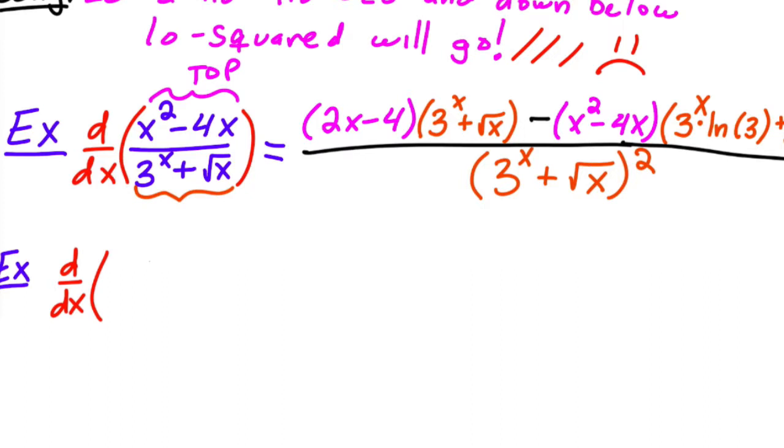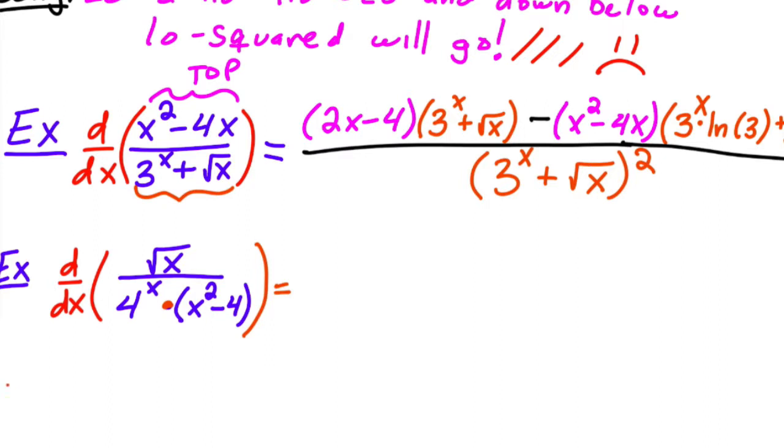How about square root of x over 4 raised to the x times x squared minus 4. Notice that we've got a fraction here, but we also have a product down low, so we're going to have to take that into account.